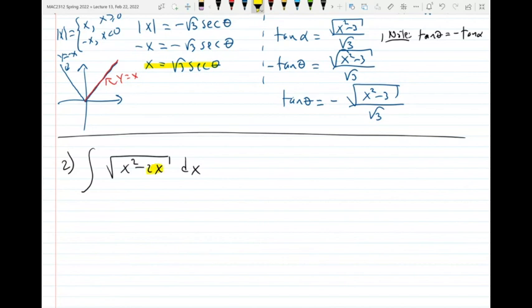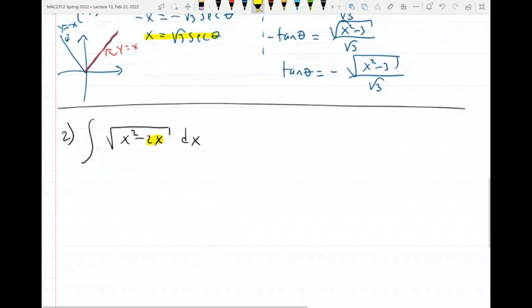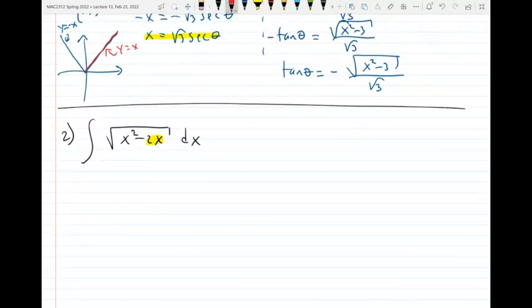Why? I don't like this 2x. That x right there is not good. If we had a 2, that's good, but we have an x in there, that's not good, we need to get rid of that. So in this case, we need to complete the square. So we have x squared minus 2x. What do we do to this?